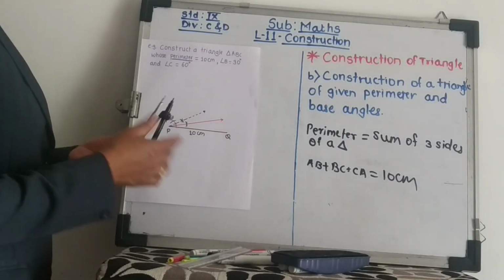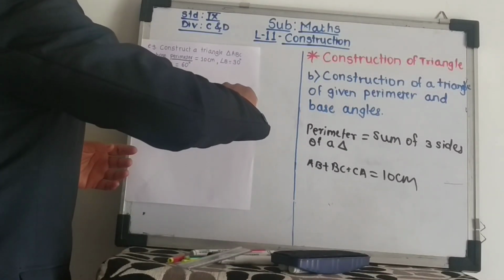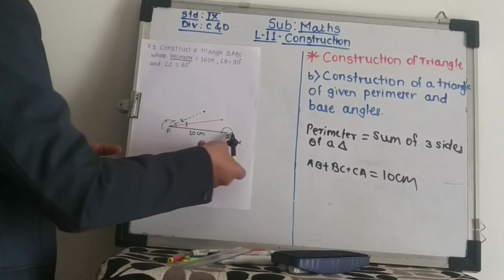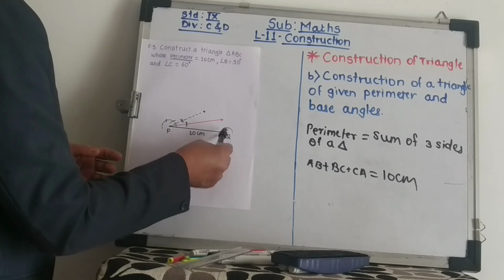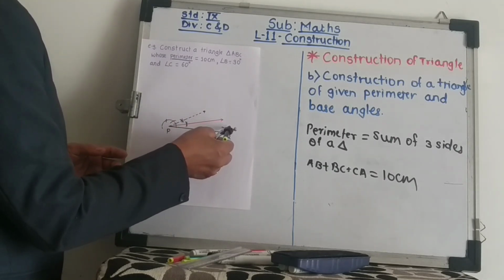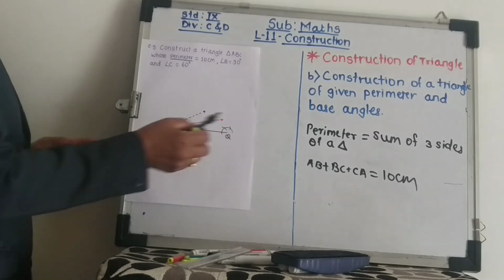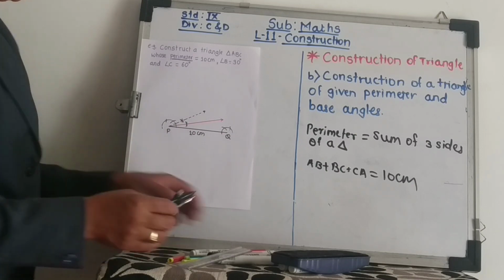So let us draw towards the other end. We will draw a 60 degree angle. Now the 60 degree angle is this.